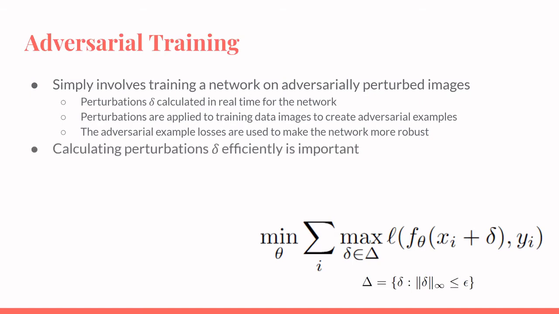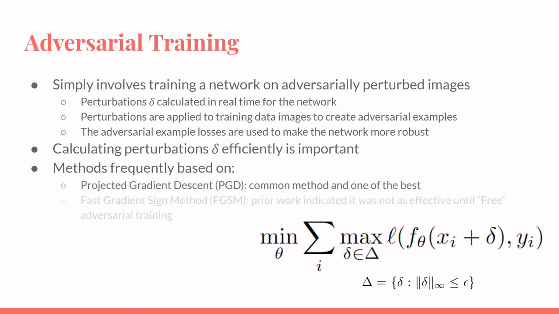And since training is a costly task, it's also important to make calculating perturbations efficient as well. For adversarial training, there are a couple methods that we'll be covering here that we just went over a second ago: PGD and fast gradient sign method.